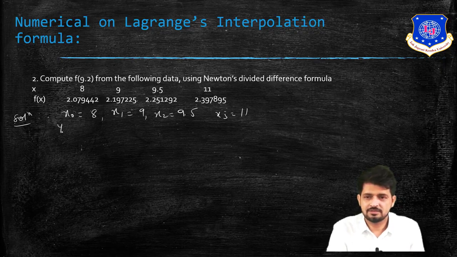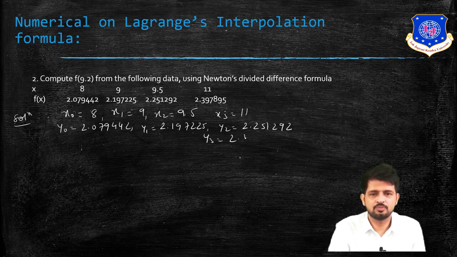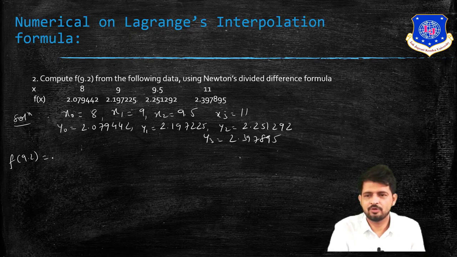What is our y0? y0 is equal to 2.079442, then y1 is 2.197225, y2 is 2.251292, and y3 will be 2.397895. Then we have to apply the formula for f of 9.2.